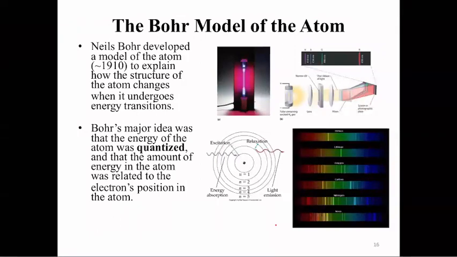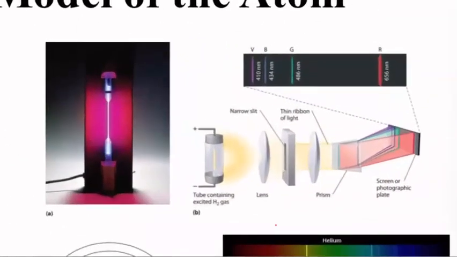As you can see, Niels Bohr around 1910 explained how the structure of the atom changes when it undergoes energy transitions. And this is the experiment that he sees. So let's just focus on the top part of the slide.